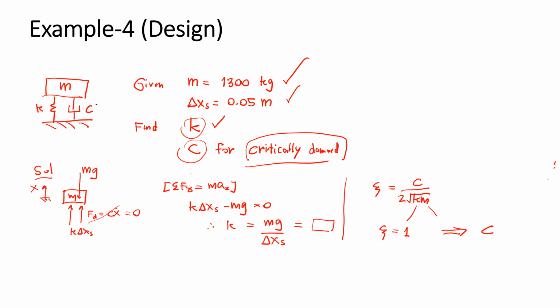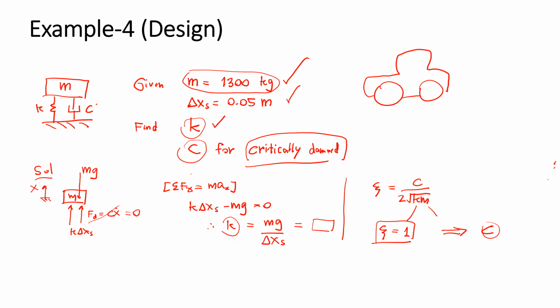And as I mentioned, what's gonna happen if now we have a car, a cute car, and we have C and K and the mass of the car, and now the damping ratio is equal to 1.